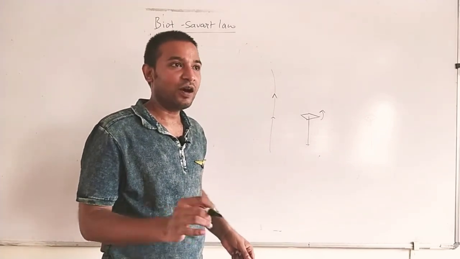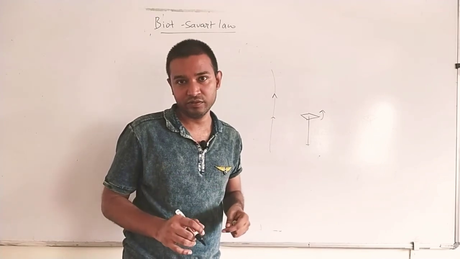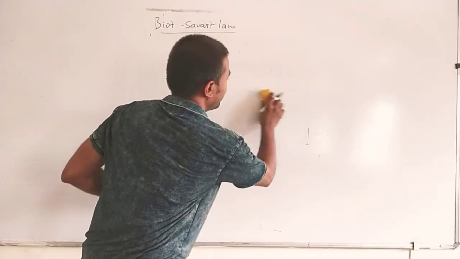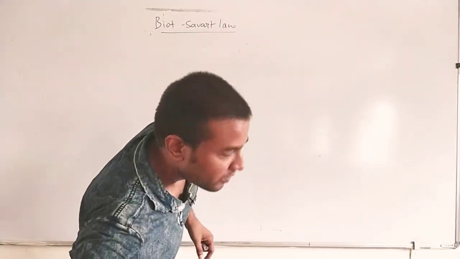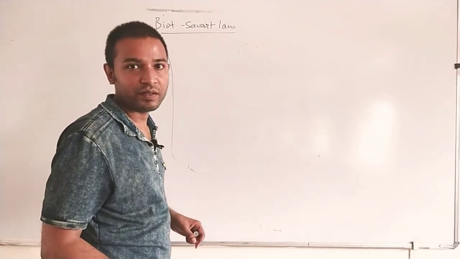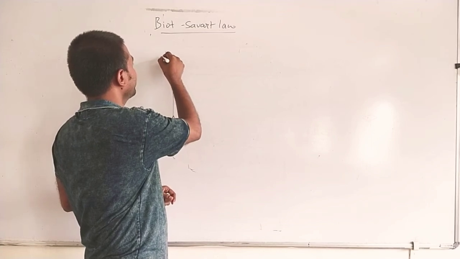Now we have to find out the expression for the magnetic field. So let's start. First of all, we will assume that this is a current carrying wire where the current I is flowing through it.